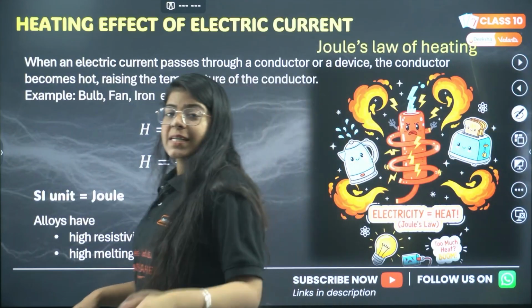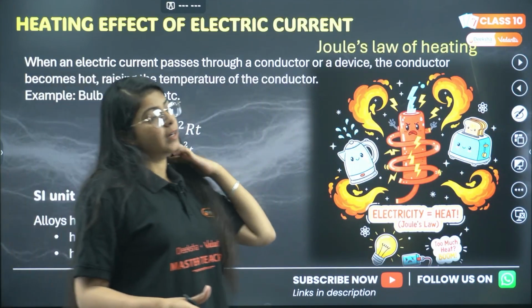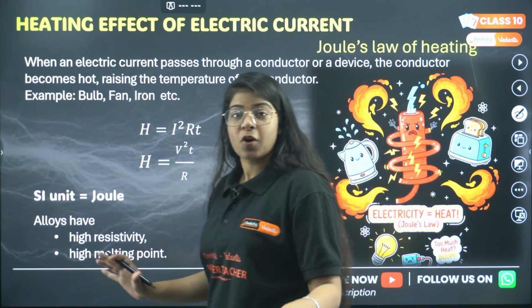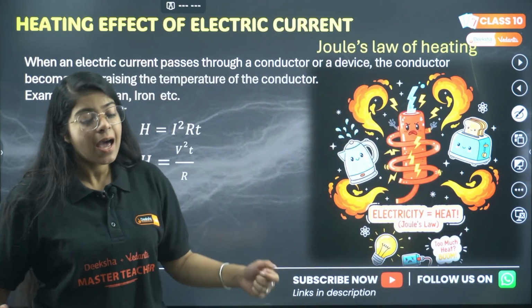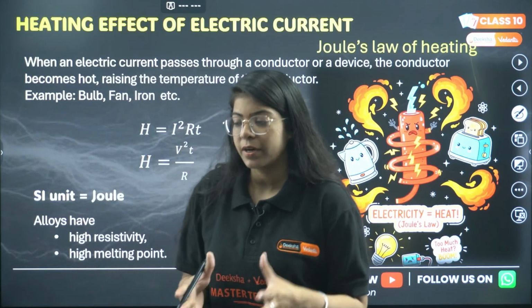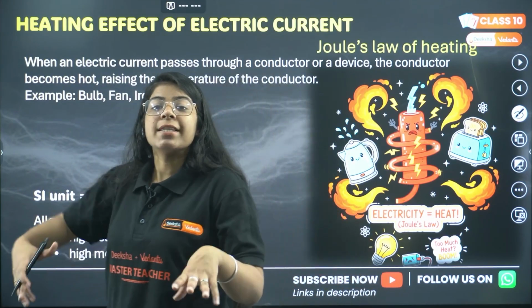Now one more topic is left, which is heating effect of electric current. As we know, electrons or charges, current flows through a conductor. As these charges or this current passes through this conductor or a device, that conductor gets heated up.